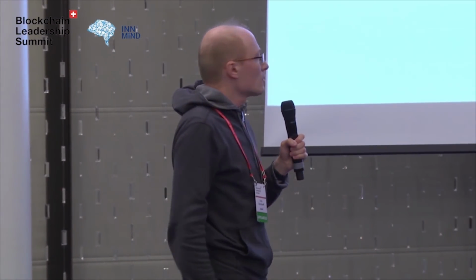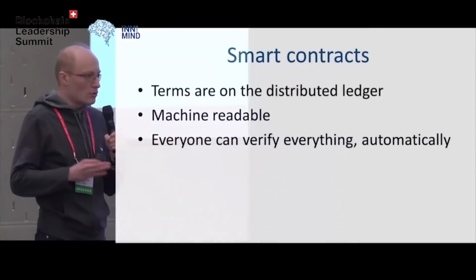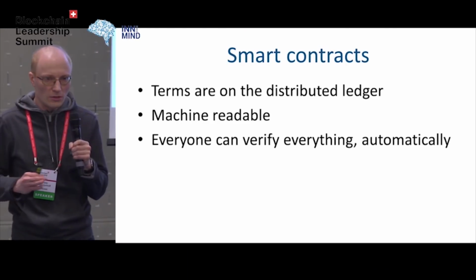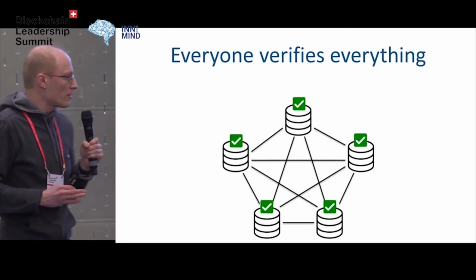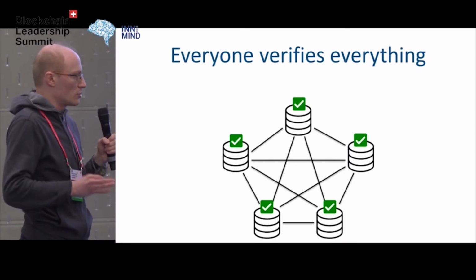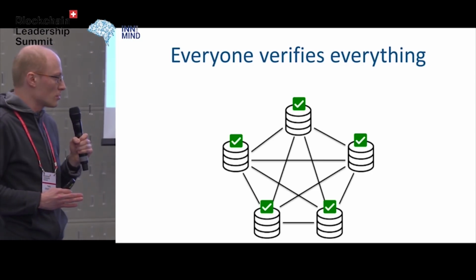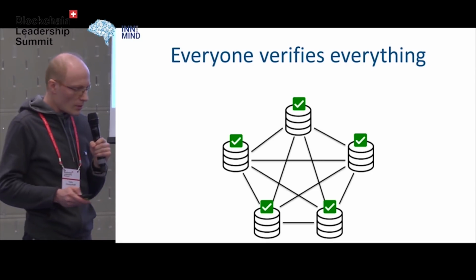A smart contract is just a regular legal contract where the terms and conditions of the contract are written on the distributed ledger. They are machine readable, so that every peer, every node on the network can automatically and at almost no cost verify that all the terms and conditions of the contract were met.